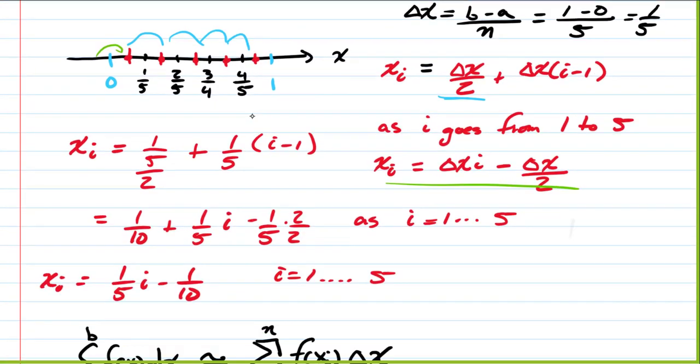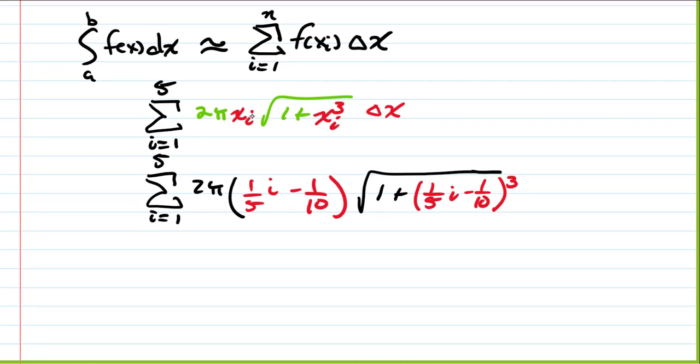Delta x is 1/5. So finally, pulling our constants out of the sum, 2 times pi times 1/5 is 2 pi over 5.